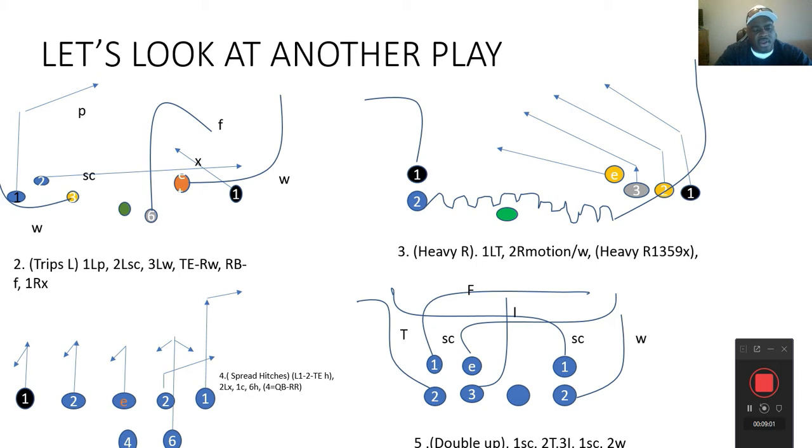Okay, and let's go to number 4. Number 4, I run this play as spread hitches. Everybody is doing a hitch. They all spread out over the field, and everybody's basically doing a hitch. Okay, except the number 2 on the right side and the right wide receiver.